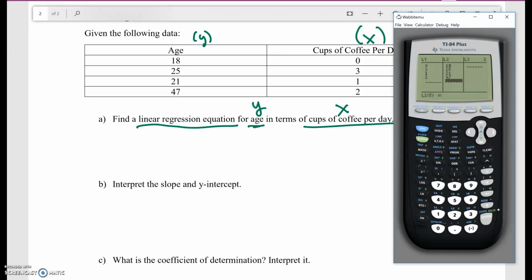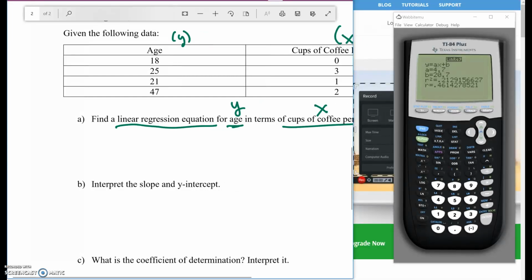After I enter my data, I'm going to press stat one more time, go to calculate, and then go down to number 4, which is linear regression. Remember, the steps are the same for the TI-36, so follow along with those also. I got this. Let me maximize this a little bit.